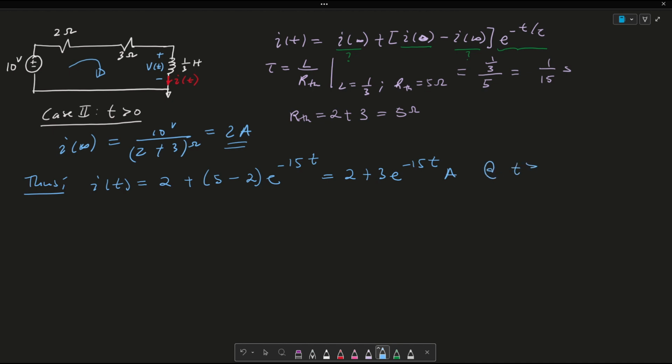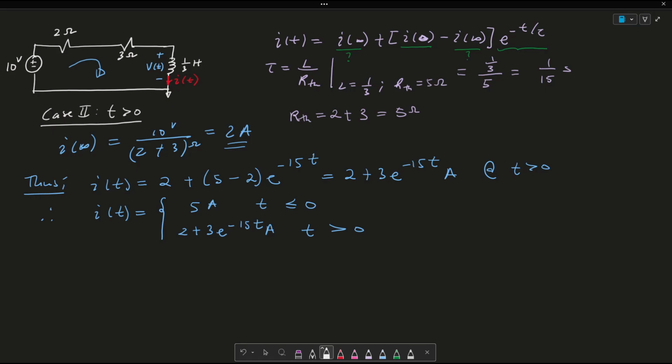Again, this is at t greater than 0. Therefore, we can write our total I(t) as 5 for t less than or equal to 0, and 2 plus 3e to the minus 15t for t greater than 0. Again, this is in amps, and this is also in amps.